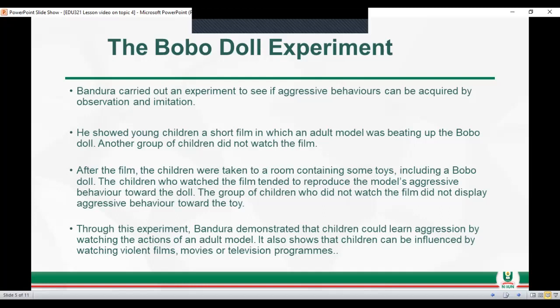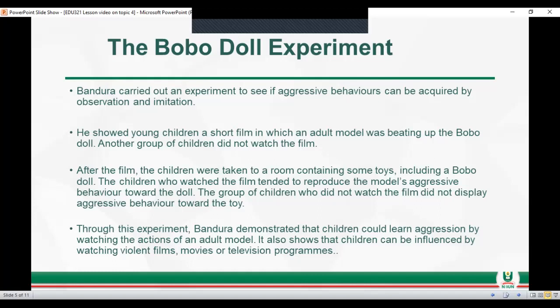The adult model was boxing as if in a boxing contest. So Bandura exposed young children to this adult model beating up the Bobo doll. Then another group of children did not watch this short film.